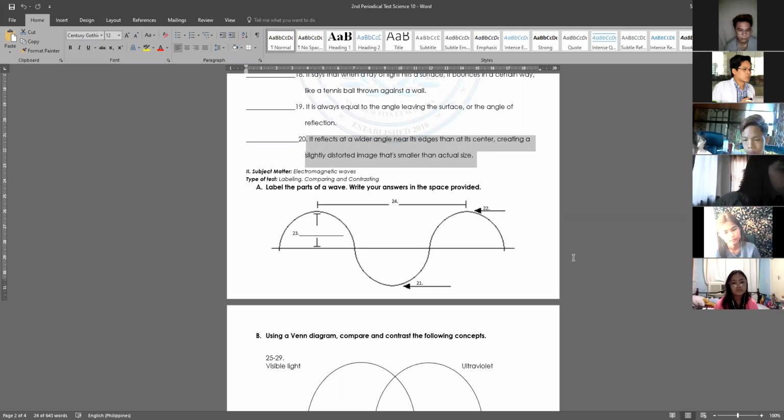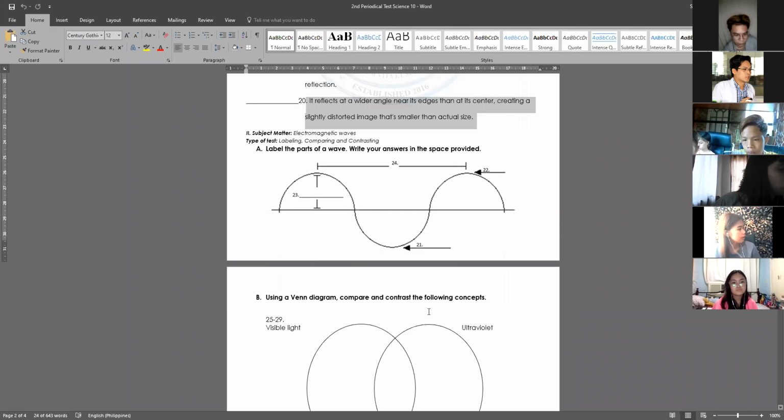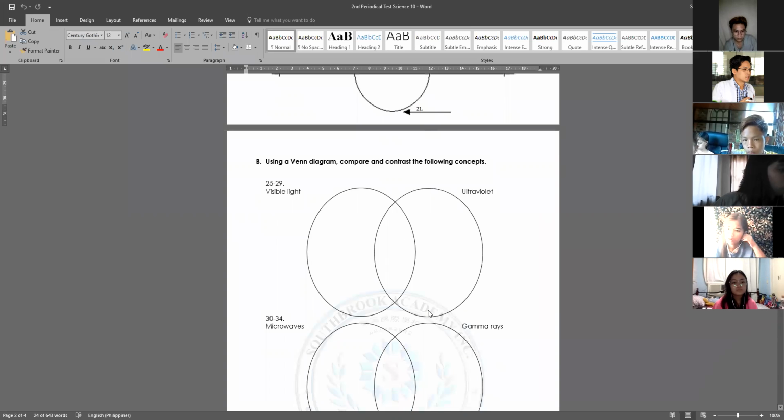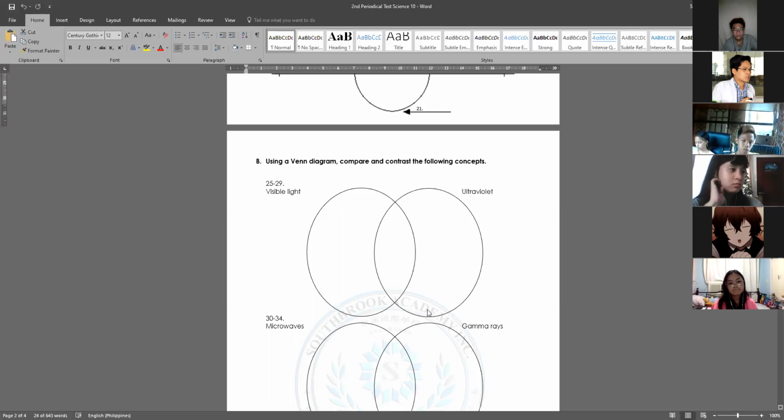For test 2B, you're asked to use a Venn diagram to compare and contrast terminologies or concepts. Now, in comparing and contrasting, it's different in your LMS because you're asked to differentiate, right? When I ask you to differentiate concepts, you need to follow some rules. Number 1, in comparing and contrasting using a Venn diagram, it has a space at the center, right?